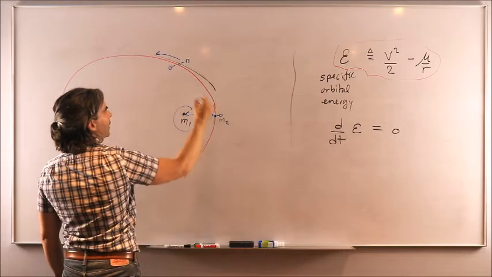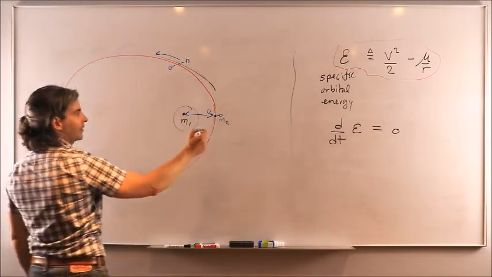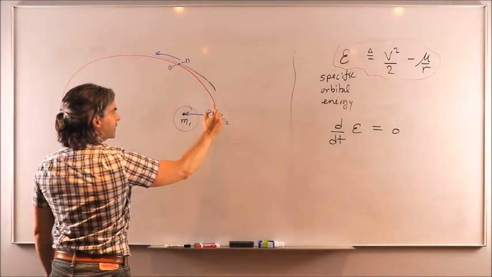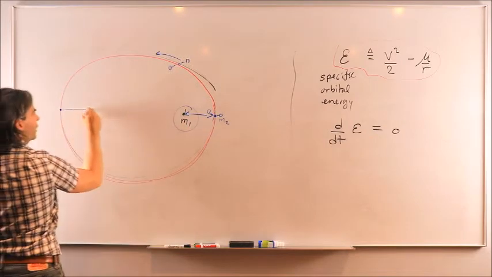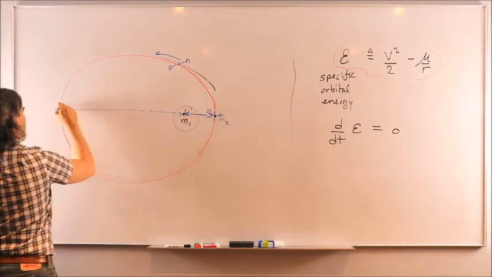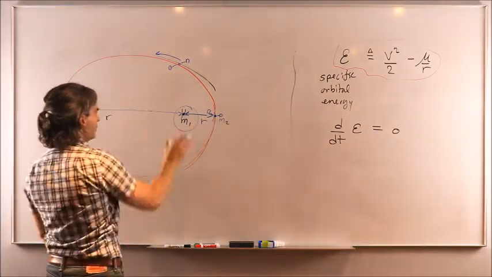By the way, that's a spacecraft with 2 solar panels. Great drawing skills, I know. So that distance between M2 and M1 is small here, but large over there. This is R, at 2 instants.